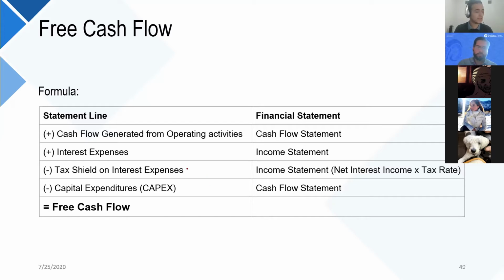As I told you at the beginning, the reason we are not adding interest expense to our income statement is that you would have to calculate these two, and it's a pain because the tax rate changes between years. So don't worry, we don't have this. All you need is cash flow from operations and capital expenditure. So basically, your cash flow statement, if you did it correctly, is your free cash flow.